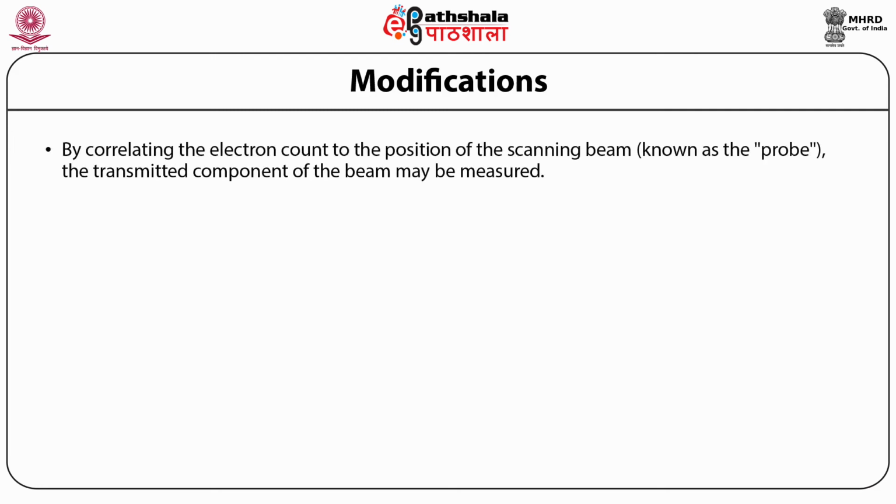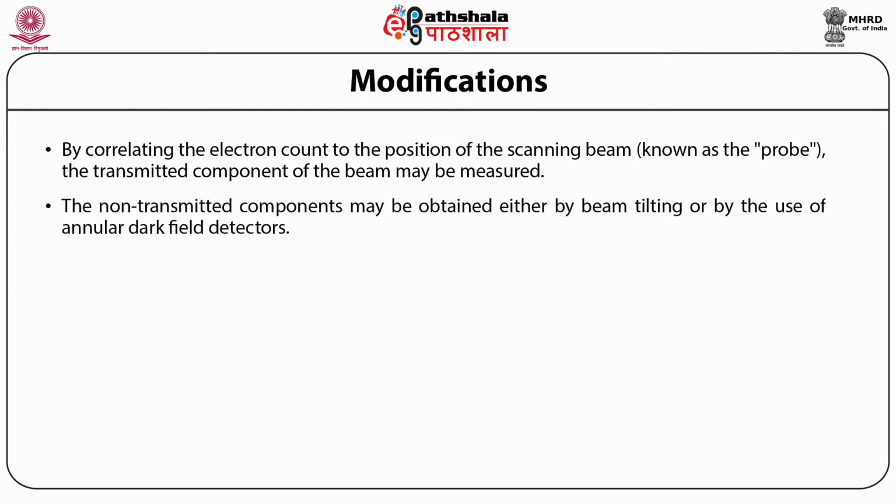By correlating the electron count to the position of the scanning beam, known as the probe, the transmitted component of the beam may be measured. The non-transmitted components may be obtained either by beam tilting or by the use of annular dark field detectors.